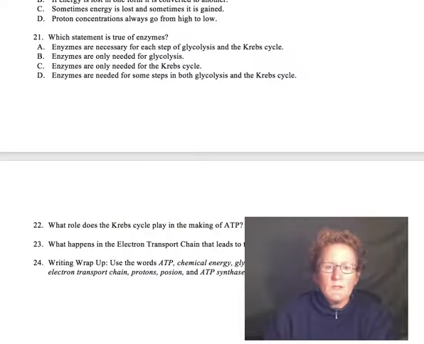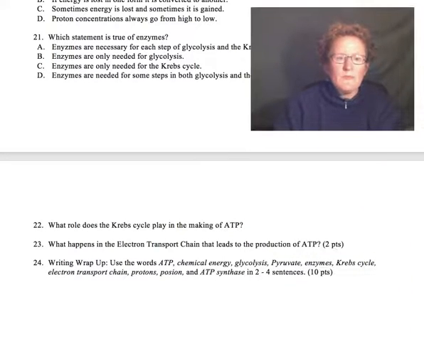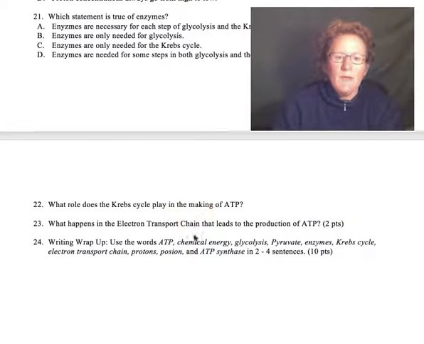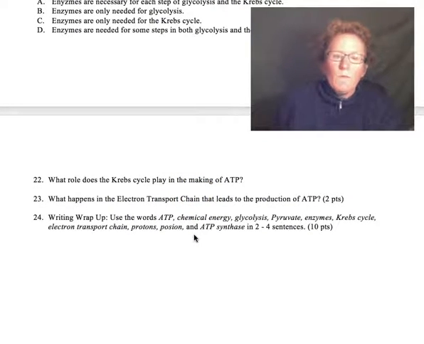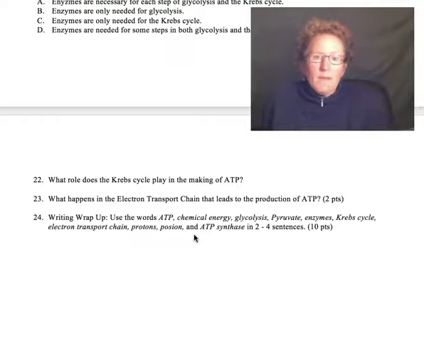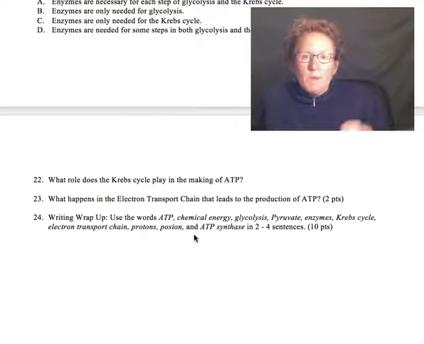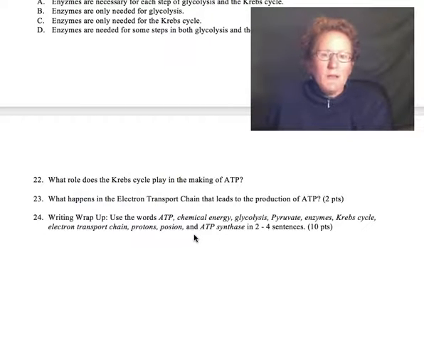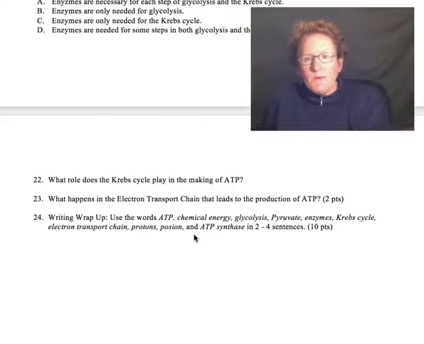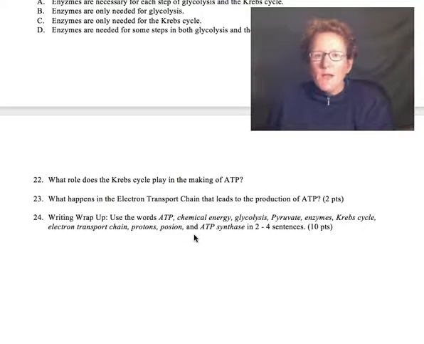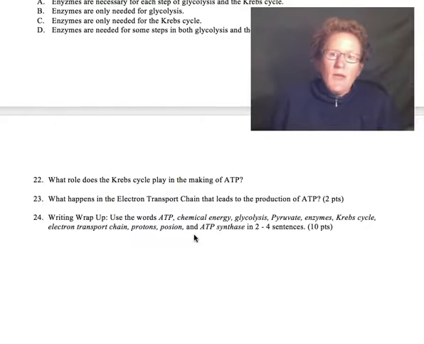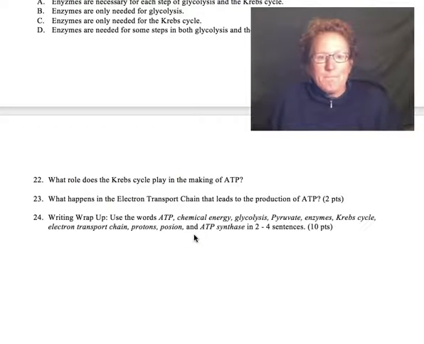So our next question is, what role does the Krebs cycle play in the making of ATP? So we get pyruvate from glycolysis, and we do the Krebs cycle, and remember all those little yellow flashy molecules we made, those high energy molecules? That's the purpose of the Krebs cycle. We want to make those high energy molecules NADH, FADH2, and succinate and GDP.